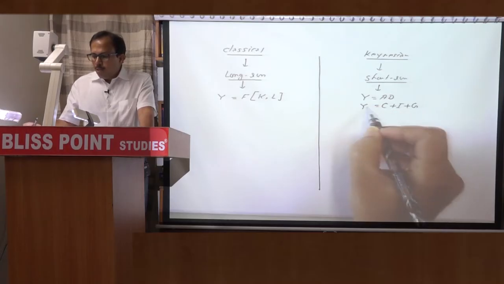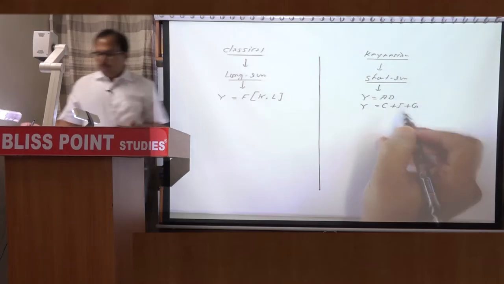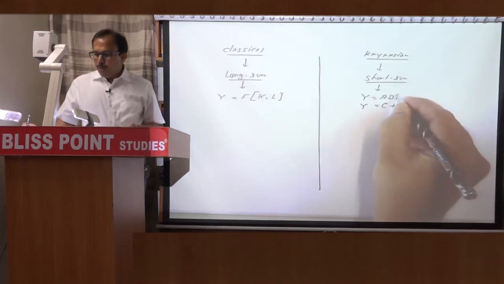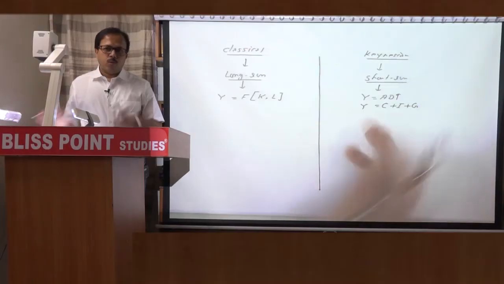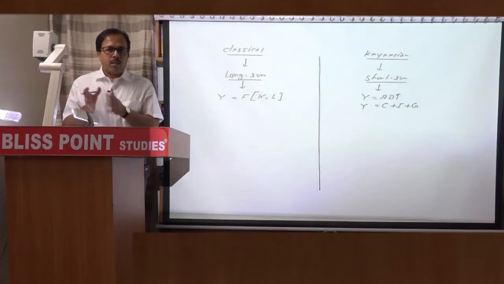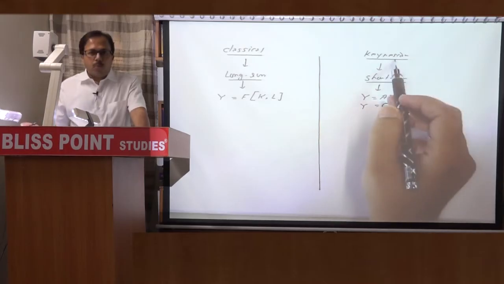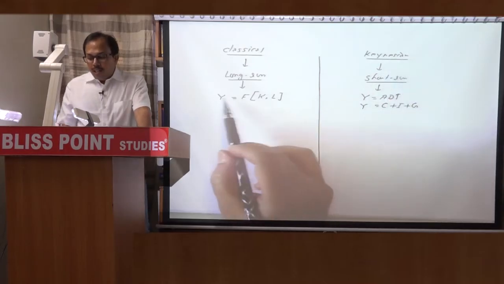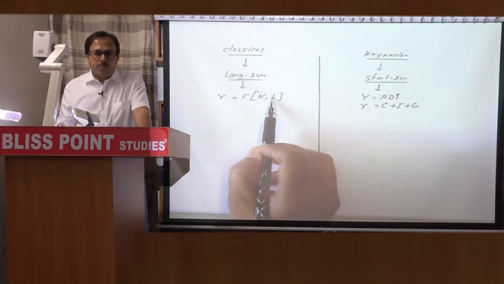So Y is equal to C plus I plus G. It means if there is more government expenditure, there will be more aggregate demand and therefore more output. In response to more demand, firms will produce more output. So demand is determining output in the Keynesian approach. In the classical approach, output gets determined by capital and labor.